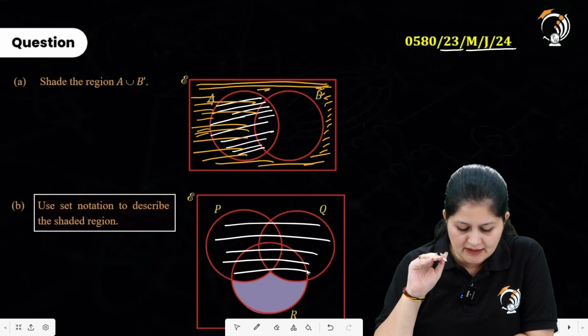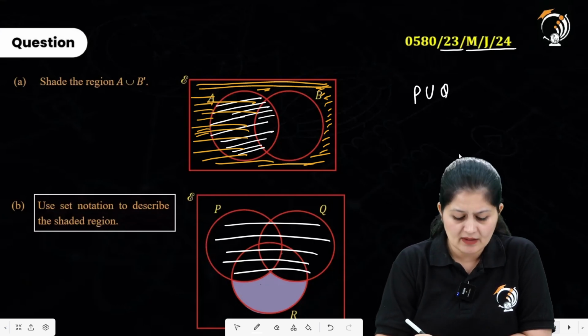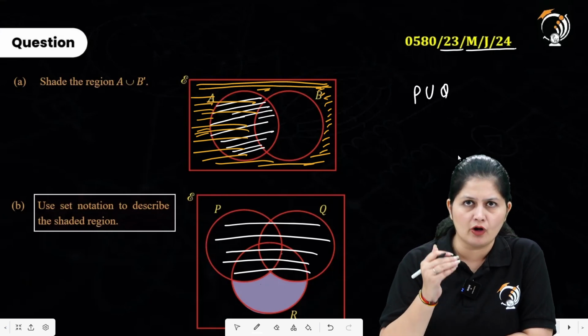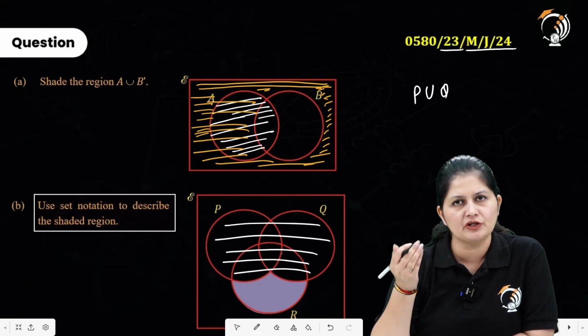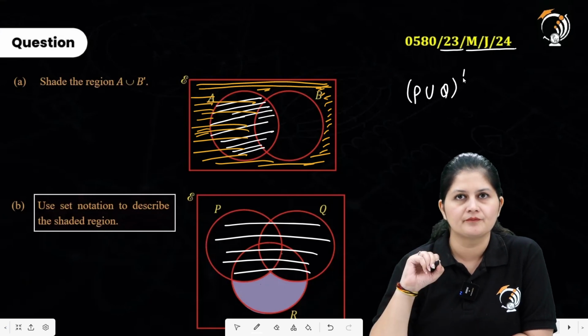So that means the union of P and Q is going to play a role here. Further, the region that is shaded here falls outside of the union of P and Q, which means it is going to be in the complement of it.